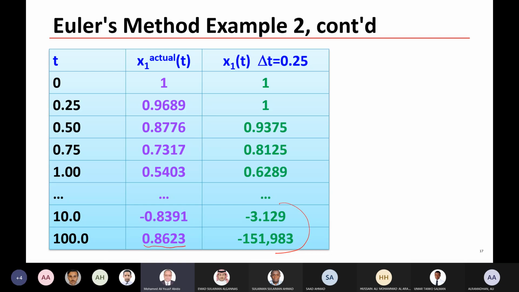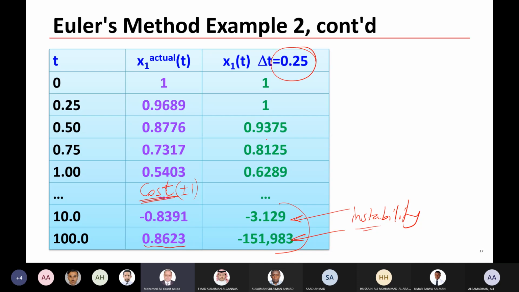Then you have cosine t, and you know cosine t is plus minus 1. This is the range of cosine t. Now you have the solution equal to minus 3.1 or minus 100. So you experience here instability in the solution.